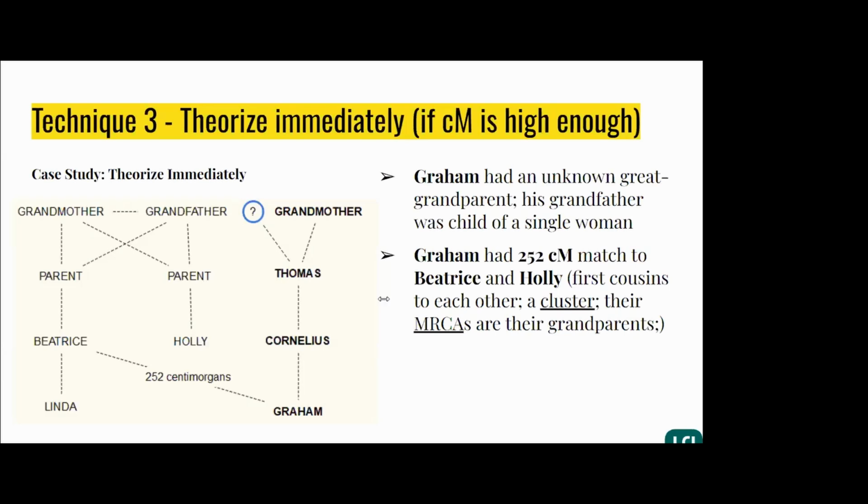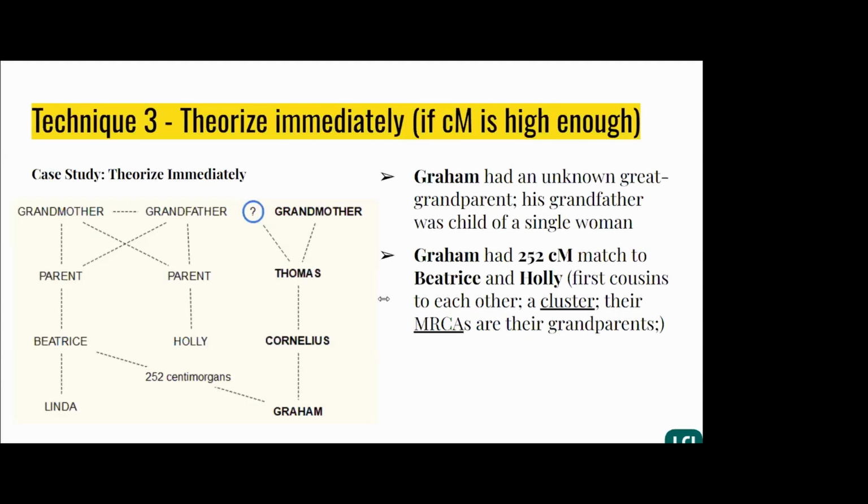The first step was to go to the Shared CM Project tool to see possible relationships, which we looked at in the last slide. And in this case, we knew from Beatrice and Holly's family tree, maintained by Linda down there at the bottom left, that they were about 30 years older than Graham. So that indicated that whatever their relationship was between Graham and Beatrice, it was most likely a one generation removed relationship.